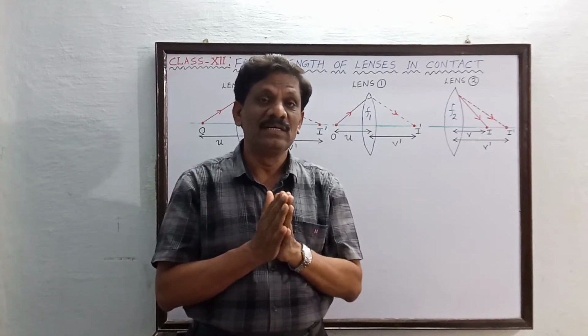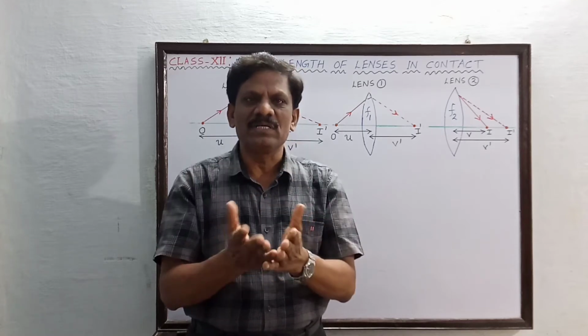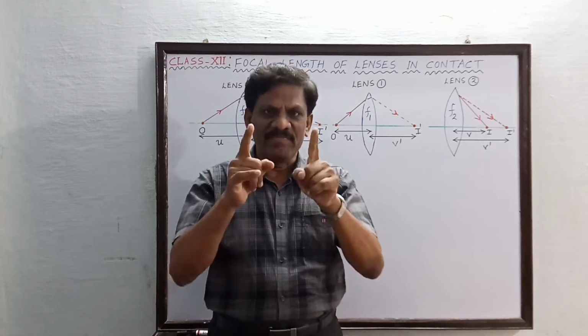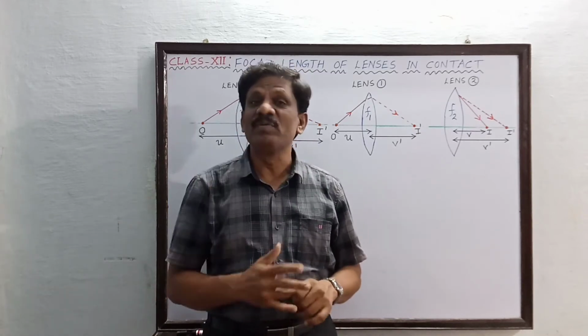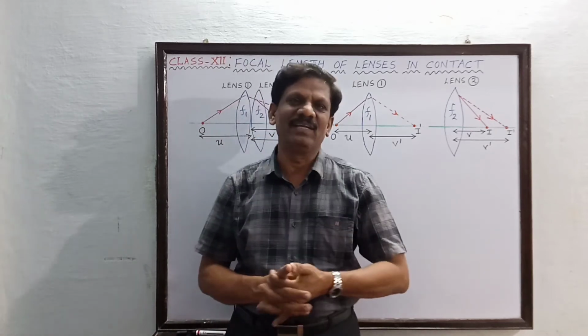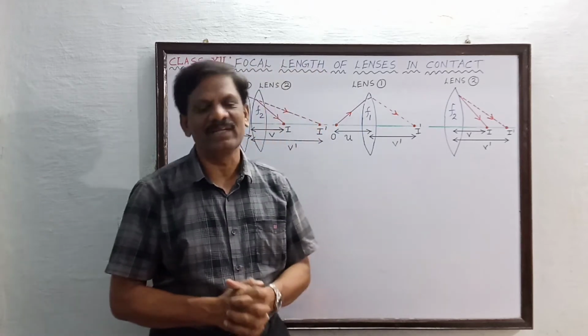Is it not? So these two lenses can be replaced by a single lens also. The effect produced by the combination of these two lenses can also be produced by a single lens. Then what should be its focal length and what should be its power? Both we are going to derive.